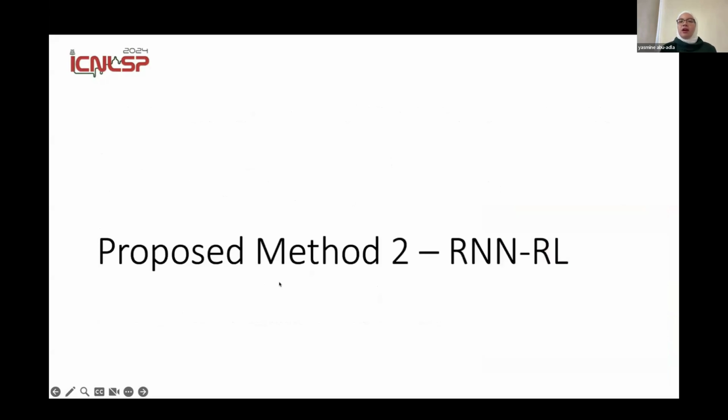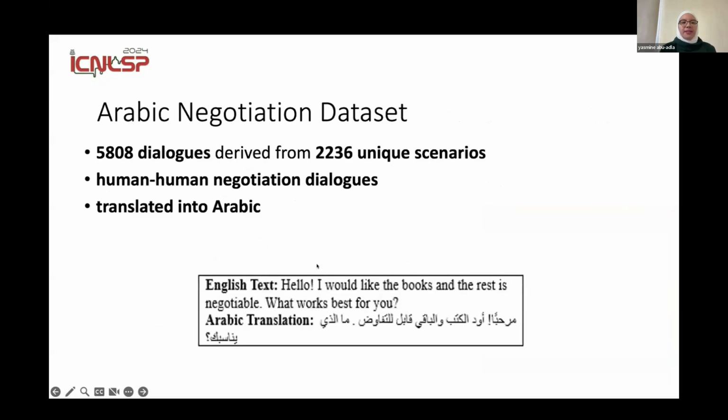The second approach was the RNN-RL approach. In order to do that, we took the dataset, which was based on Meta's English negotiation dataset from 2017, which contained human-to-human negotiation dialogues collected through Amazon's Mechanical Turk.